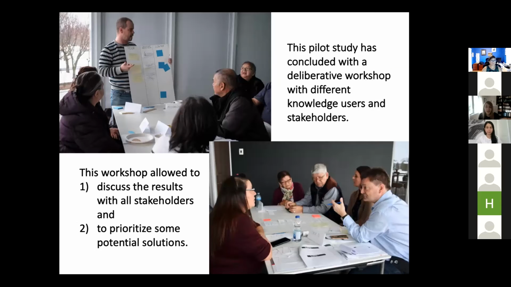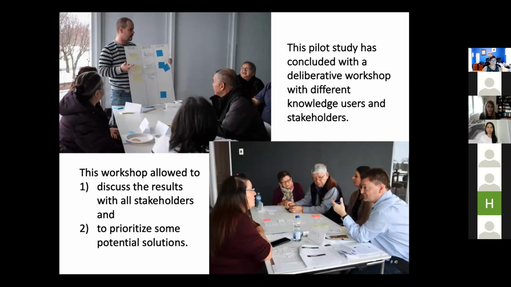So the pilot study concluded with a deliberative workshop with different knowledge users and stakeholders. So we had patient partners, we had health professionals, we had decision makers from health organizations and representatives from the friendship centers.